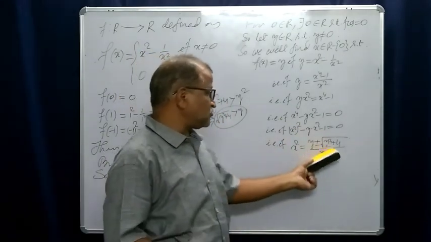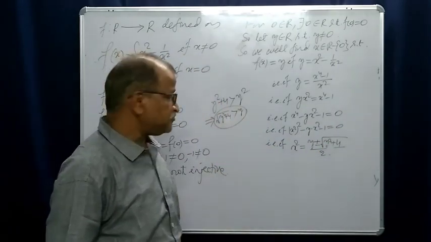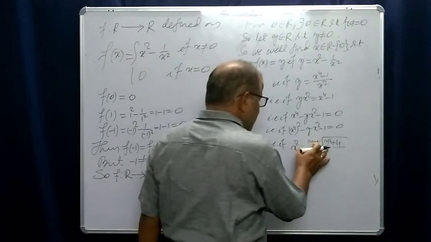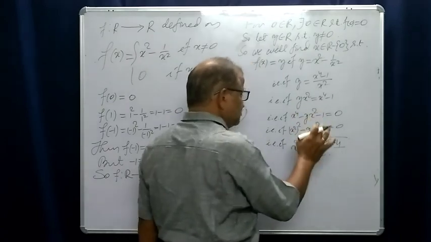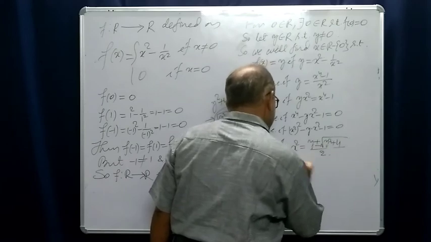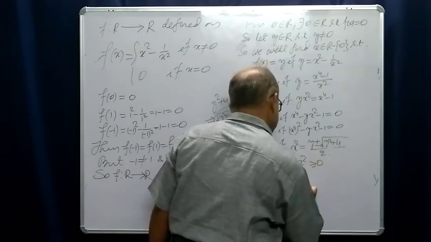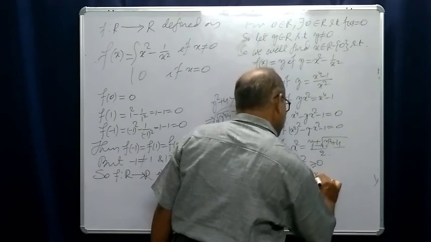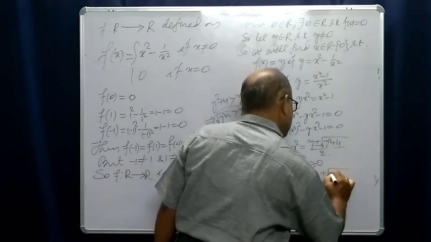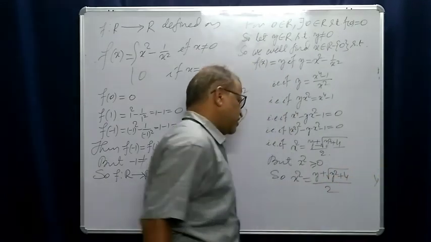So we have to take the positive sign, because x square is greater than or equal to 0. So x square is equal to y plus square root of y square plus 4 by 2, right?